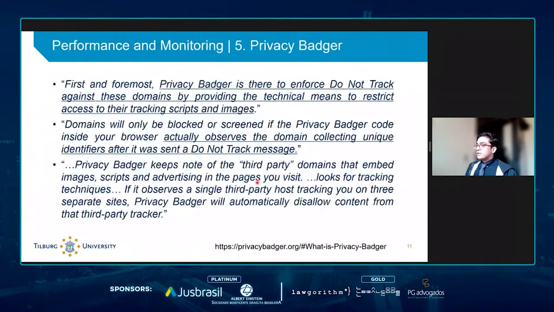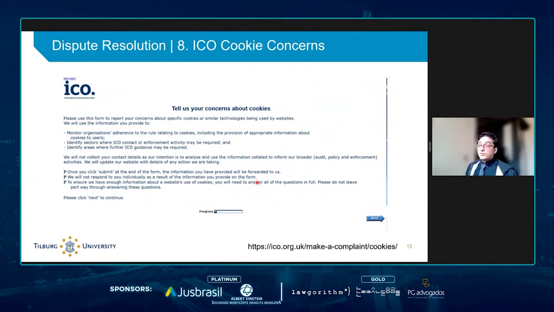And finally, dispute resolution. To be honest, dispute resolution is where the least amount of tools were found in this analysis, but we did find the cookie complaints tool released by the UK's Information Commissioner's Office, which allows users to submit concerns about websites which are using cookies or similar technologies.